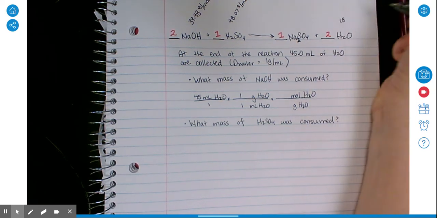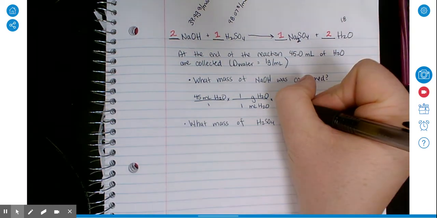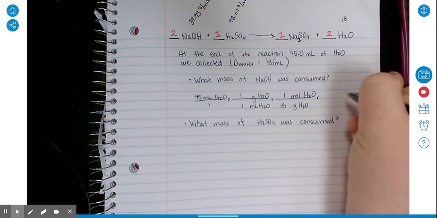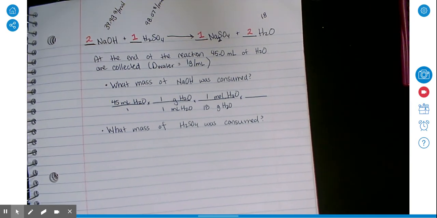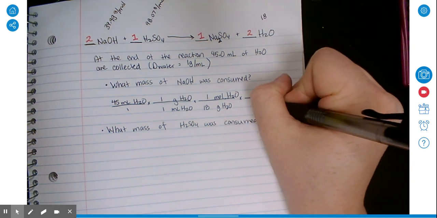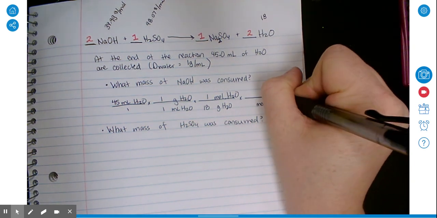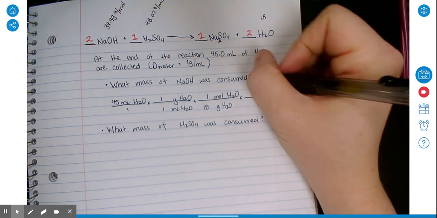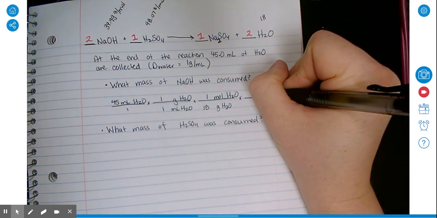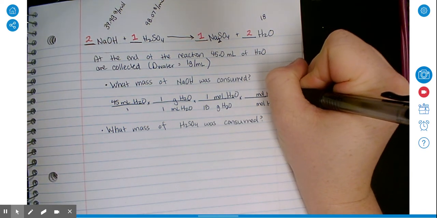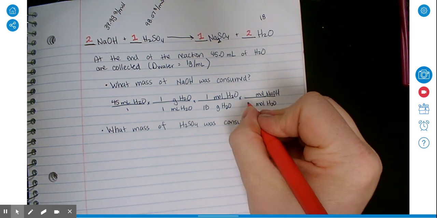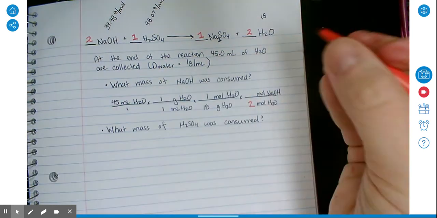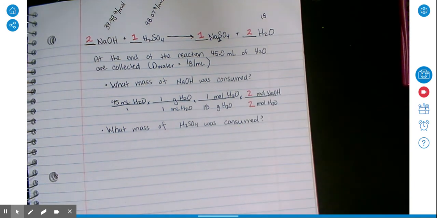And molar mass of water is 18. 1 mole of H2O contains 18 grams of H2O. I'm going to run out of room. From moles of H2O, I can go to moles of any substance. I'm going to NaOH. Two moles of H2O were used for every 2 moles of NaOH.